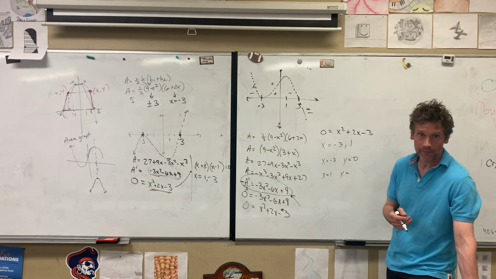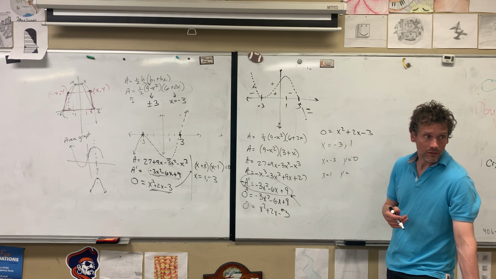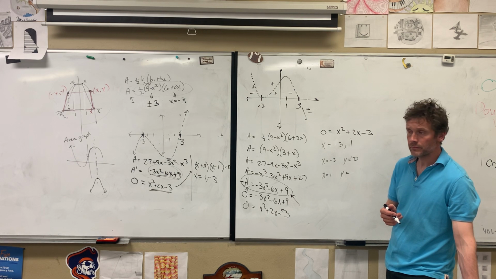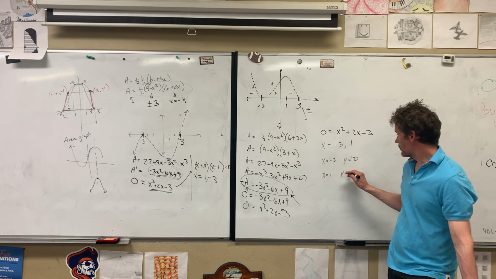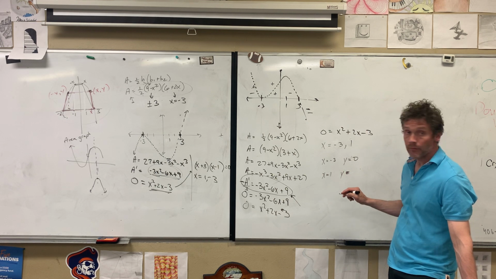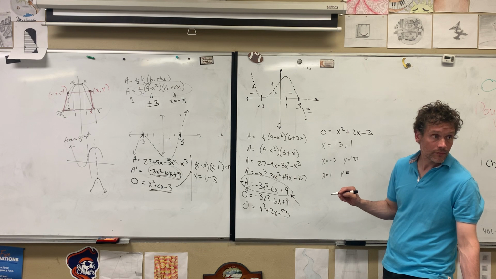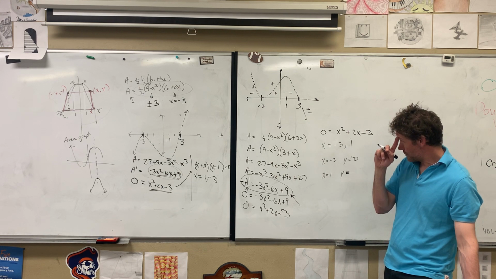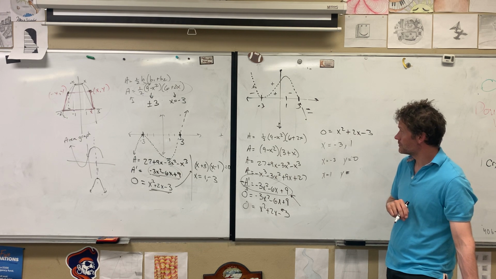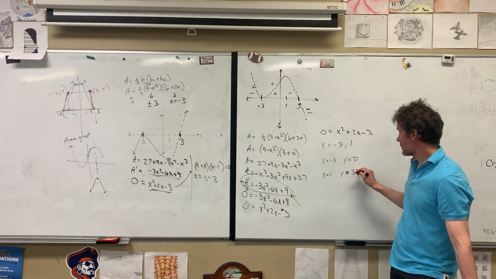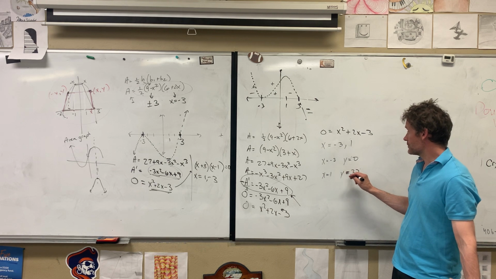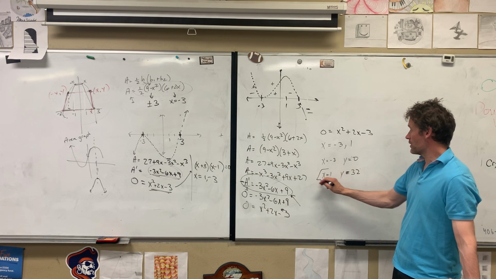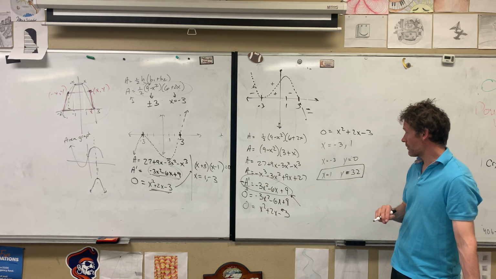What do you get back out? What is it? I think 32. 32? I don't know if I did that right. Okay? So therefore, when you look at this, you know that this would be your local max.